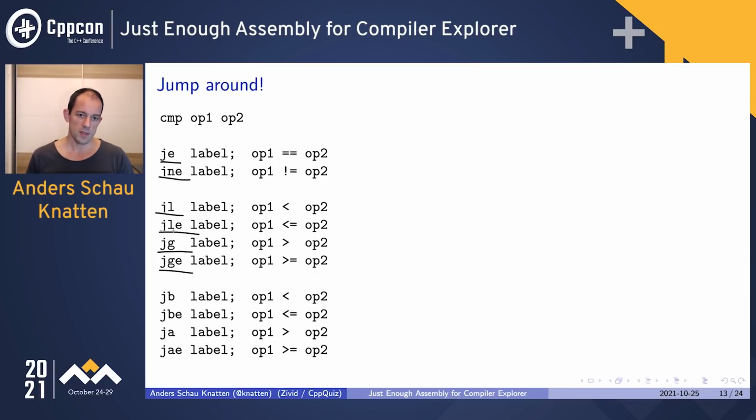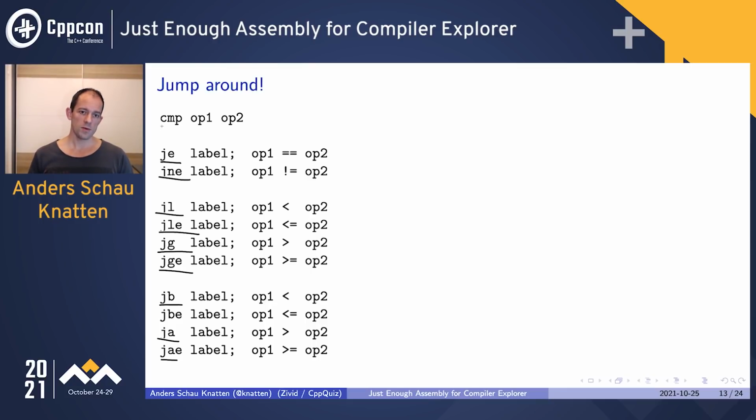And all the less and greater names were taken. So for unsigned ones, we have these other names, below and above. So we have jump below for unsigned, jump above for unsigned, jump above or equal, etc. for the unsigned comparisons. So that's how the conditional jumps work with signed and unsigned types.